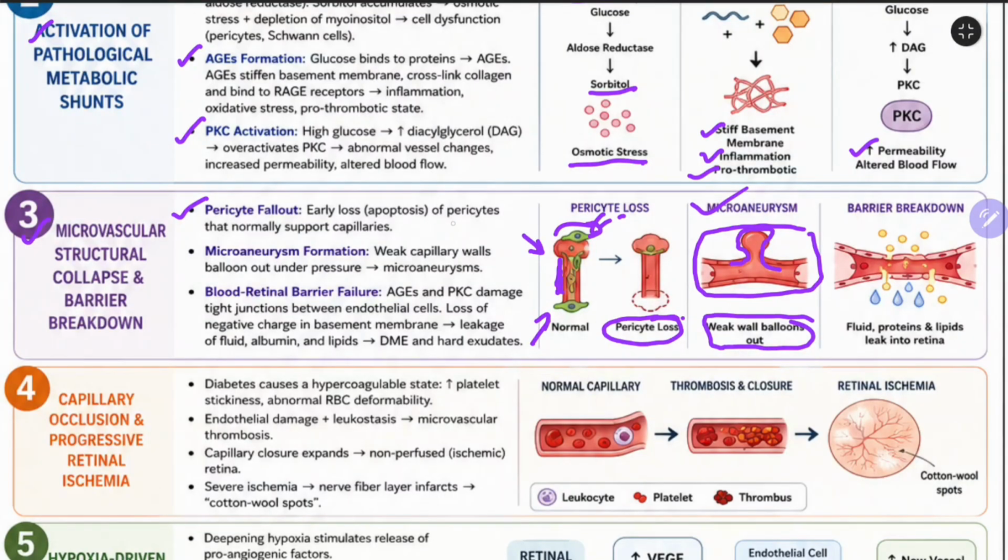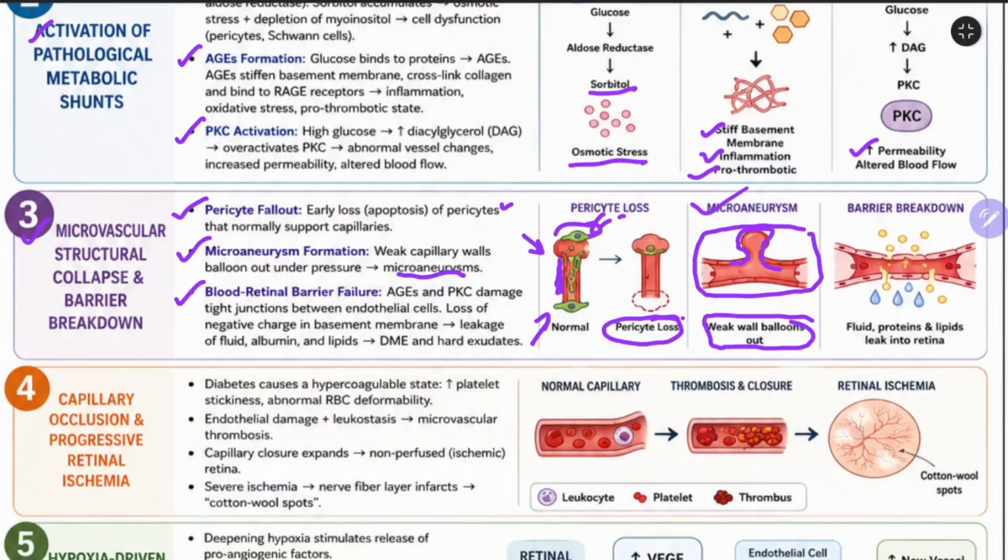So early loss, apoptosis of pericytes. Why? Because of the sorbitol pathway, advanced glycation end products, PKC activation and oxidative stress. All these things will cause death of these pericytes, which support the capillaries, and because of that there will be microaneurysm formation. Weak capillary walls balloon out under pressure and will lead to microaneurysms.